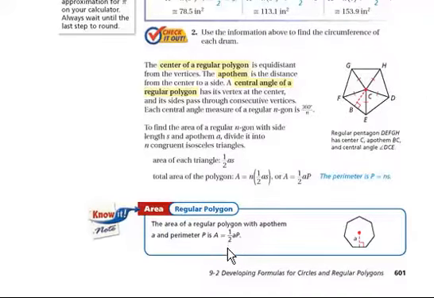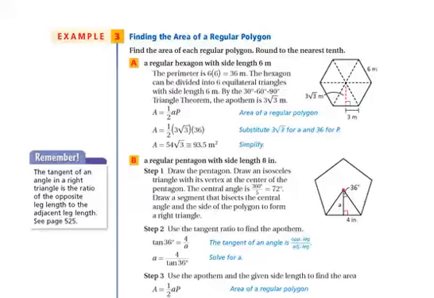Area equals 1/2 the distance a right here, times P, the perimeter. If you go around this polygon, that is the perimeter, the distance around there. So that's a good formula that covers a lot of different kinds of regular polygons for us.